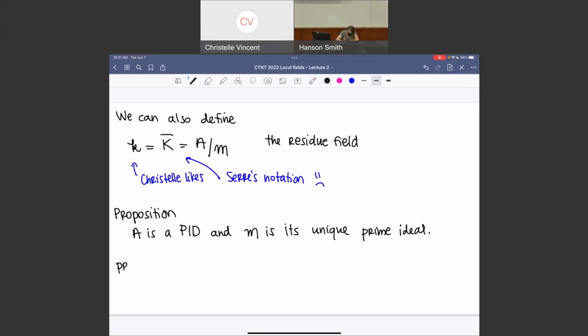So prove, let pi, it's going to end up being in A, be such that v of pi is 1. This is my surjectivity. I want an element that has valuation 1. So I take it, a priori it's in K, but A is everything that has non-negative valuation, so it's also in A.